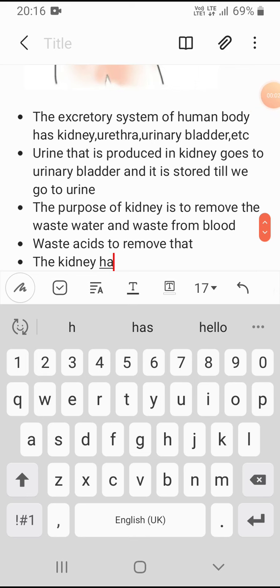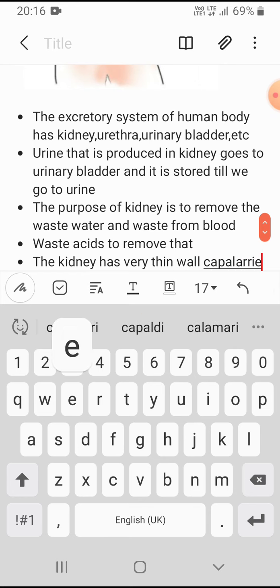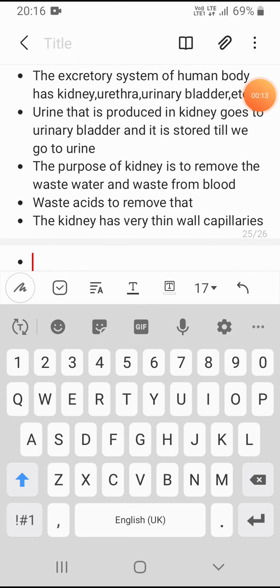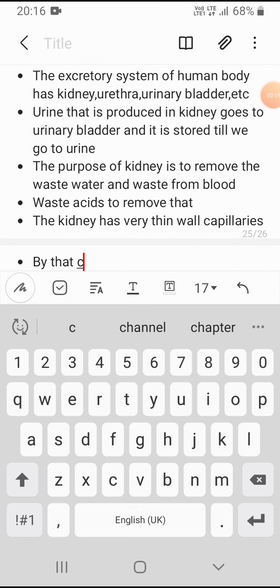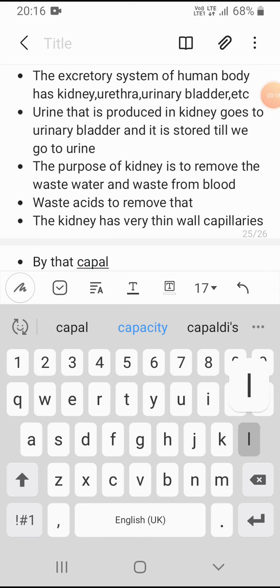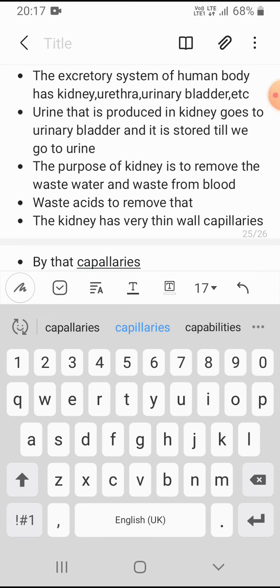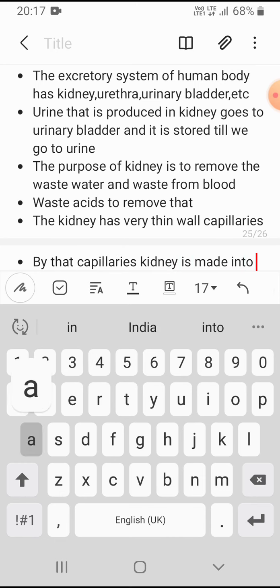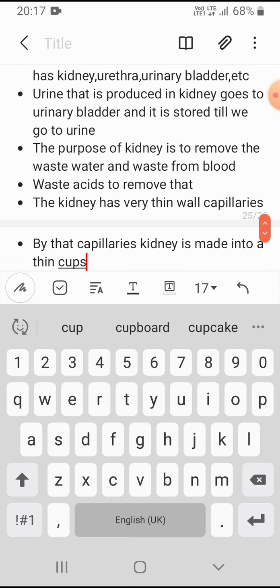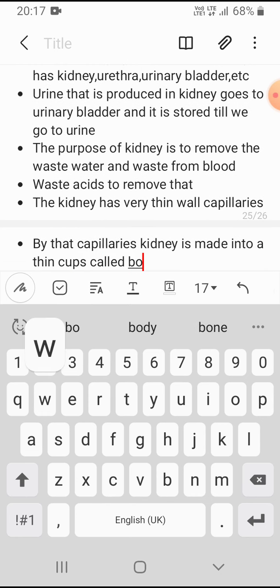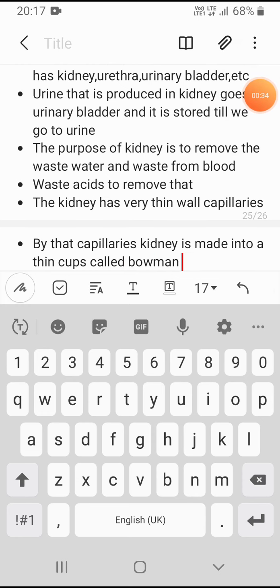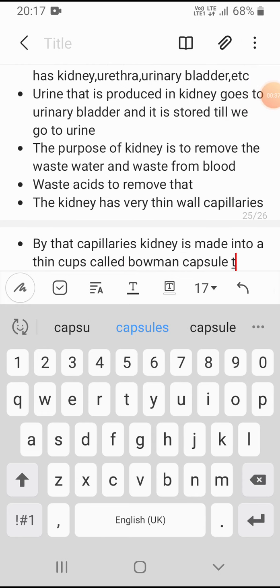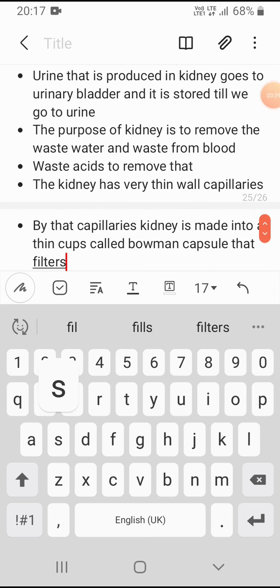Kidney has very thin wall capillaries. By those capillaries, the kidney is made into a thin cup called Bowman capsule that filters the blood and water.